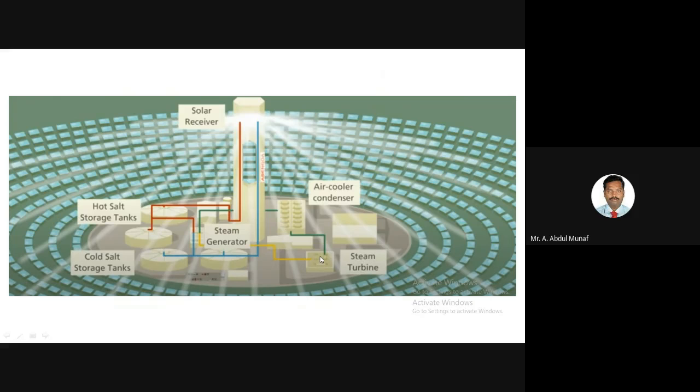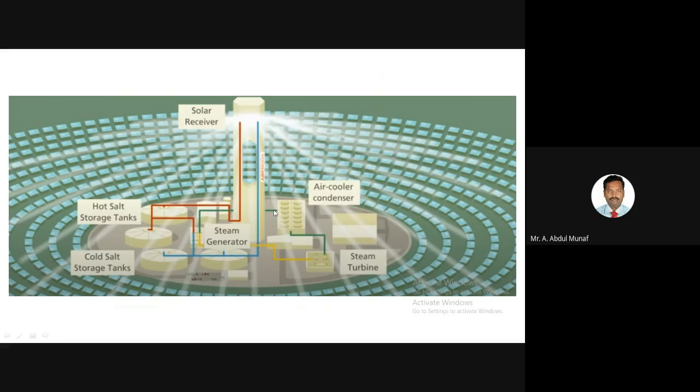The excess amount of steam is passed to the air cooler condenser. Here that steam is condensed and cooled. After cooling, what will happen? That steam will convert into liquid. That cooled liquid we are passing again to this tube.